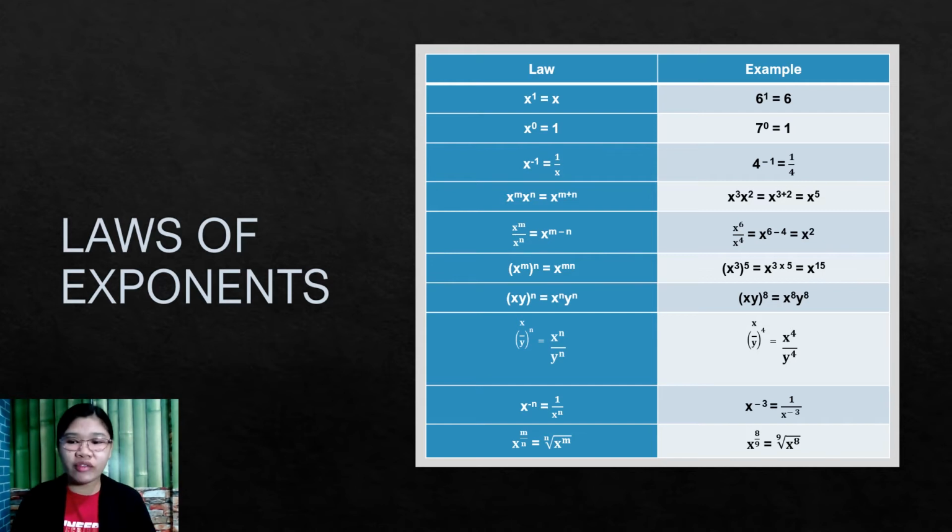And now we have x raised to m over n, so that will be the nth root of x raised to m. As an example, x raised to 8 over 9 is equal to the 9th root of x raised to 8.